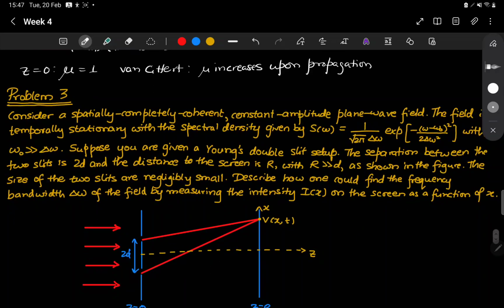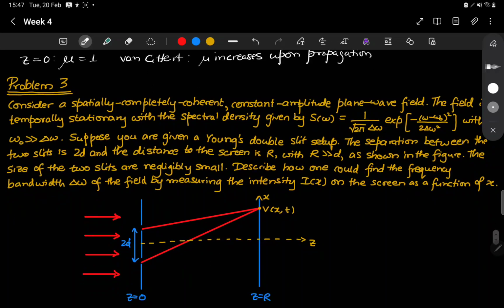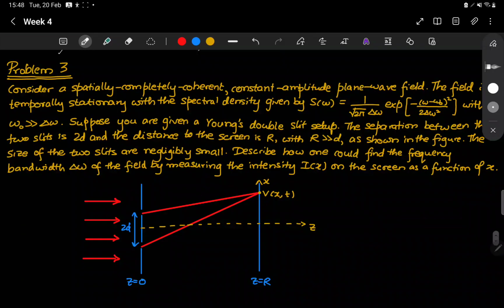Now, suppose you are given a Young's double slit setup. The separation between the two slits is 2D and the distance to the screen is R, with R much larger than D. That means the screen to source distance is much greater than the slit separation.